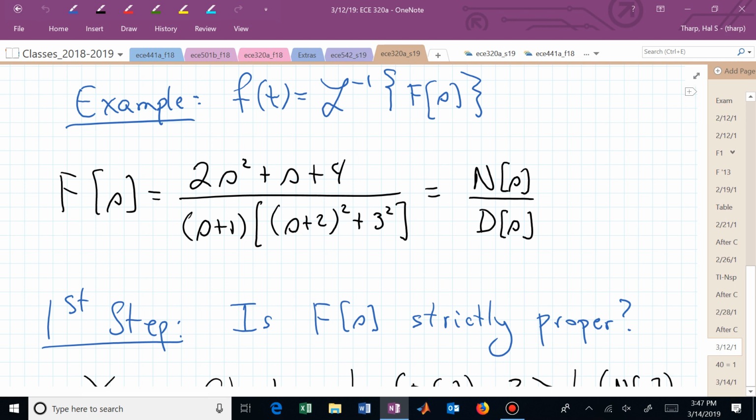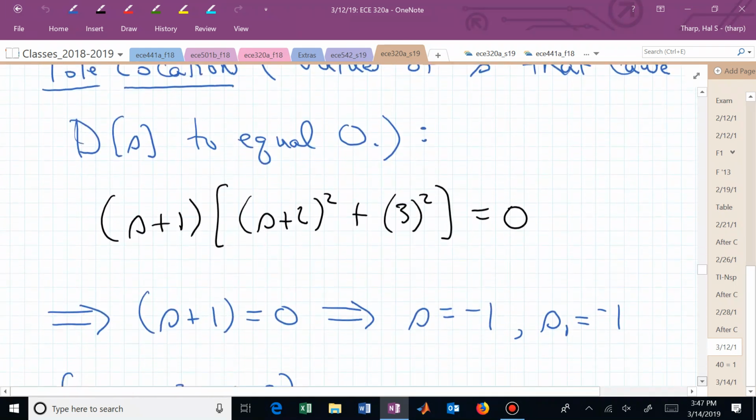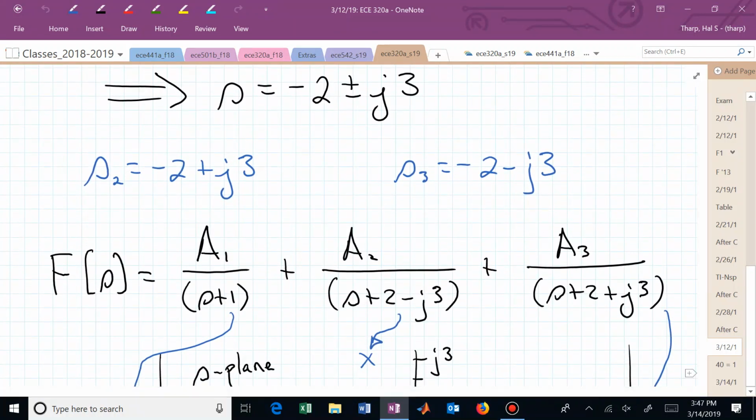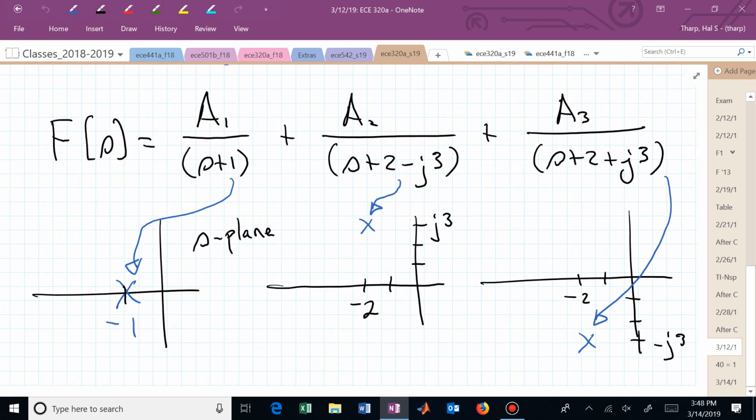Anyway, here's F of s, and we wrote that as 3 terms. First we found the roots. We showed that one was real and one was complex, and then we looked at putting these over the 3 distinct roots. It's critical to understand that A sub 2, that particular coefficient, is associated with this pole in the second quadrant, or in the upper half of the complex S-plane.